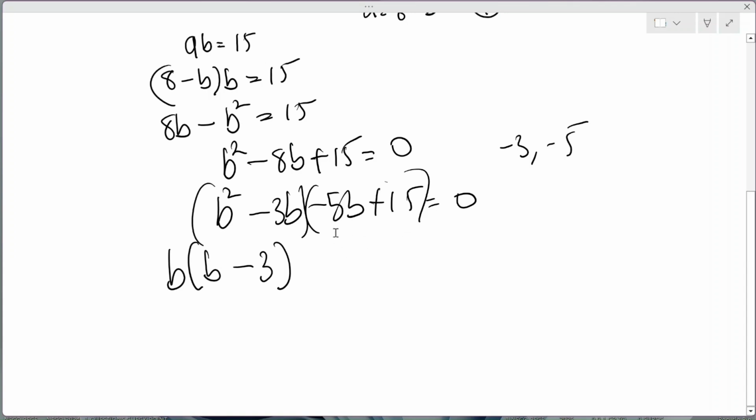You can find 5 in this, and you can also find 5 in 15. And in cases like this, you don't just take the 5 out, you take it with the negative. So like in this case, you can get B minus 3 in the second bracket. We take out minus 5. If you take out minus 5, negative divided by negative is positive. 5 divided by 5, you'll be left with B. If you're sure of what you're taking out, you can just repeat B minus 3 without stressing yourself.